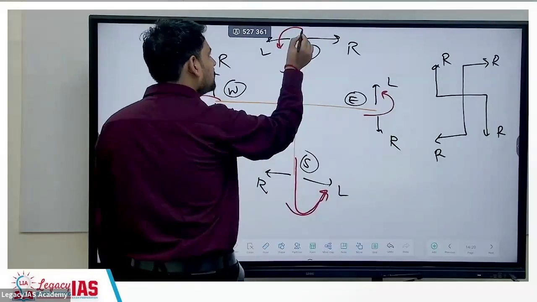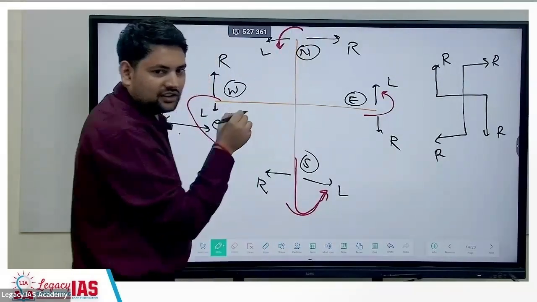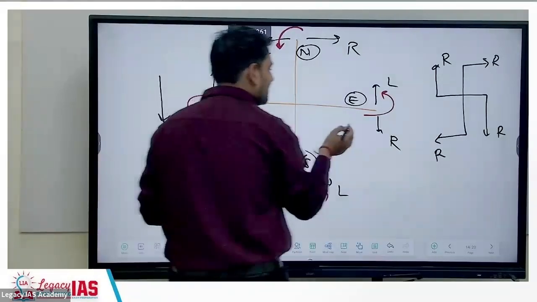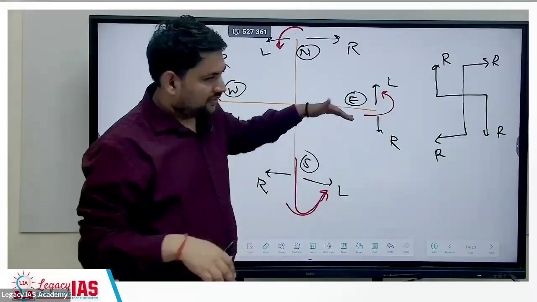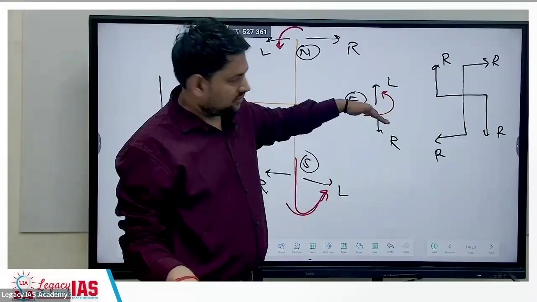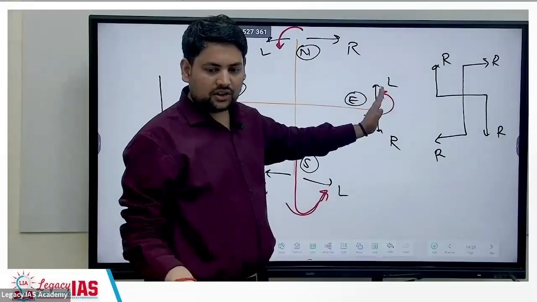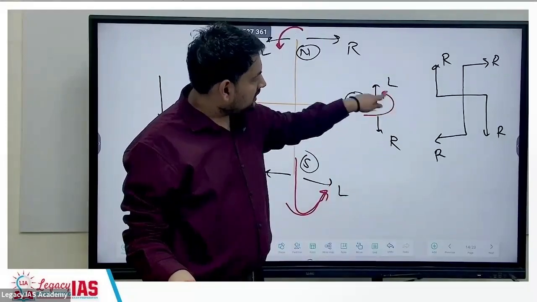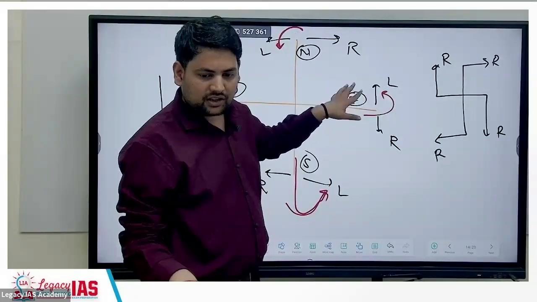Yes, like you are concerned about this. This is just a representation with respect to the clock, showing how they are going. In this direction they are going. Don't go by how much curve I have made in this line.